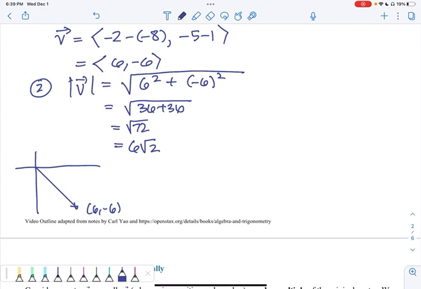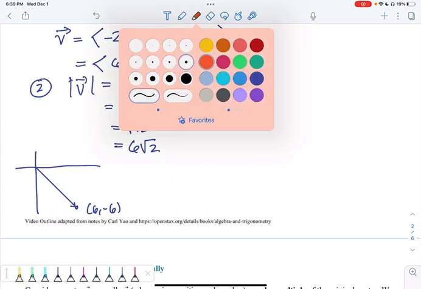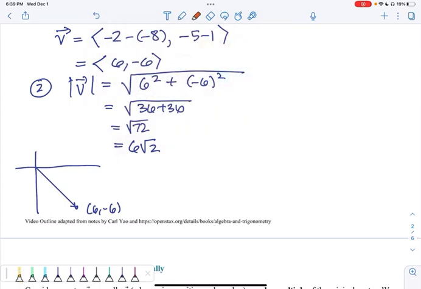And if I'm trying to find the length, which is the magnitude, then I could certainly set up a right triangle that would go here, here, here. And then if I'm trying to find this length here, which I'm calling this magnitude symbol here, well, this is 6 and this is -6. And then if I'm, again, trying to find the hypotenuse, I'm just using the Pythagorean theorem for that.